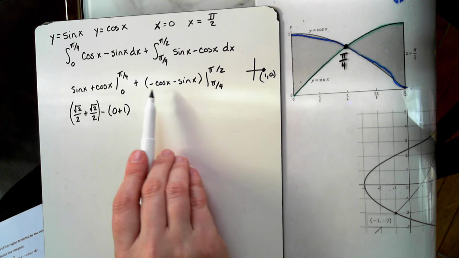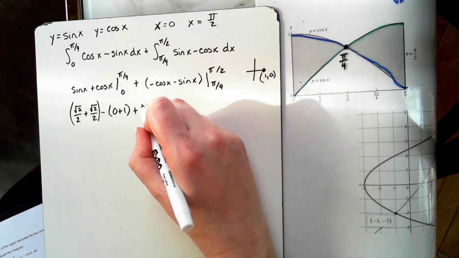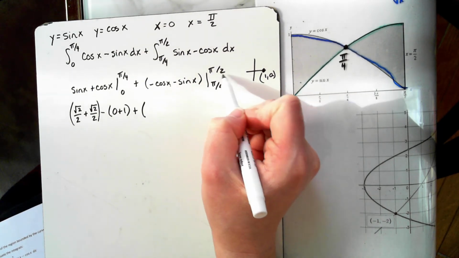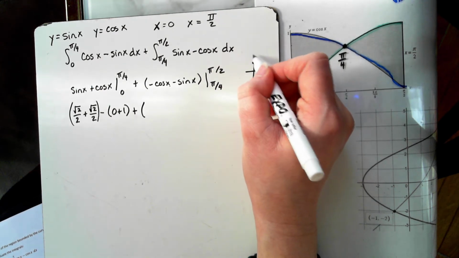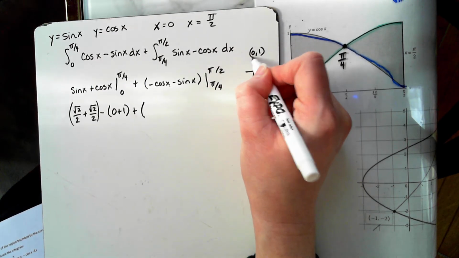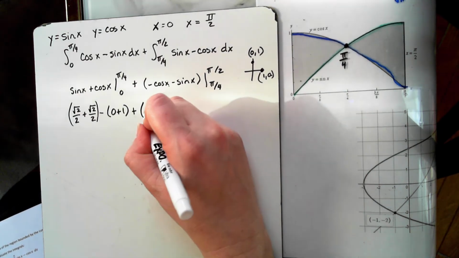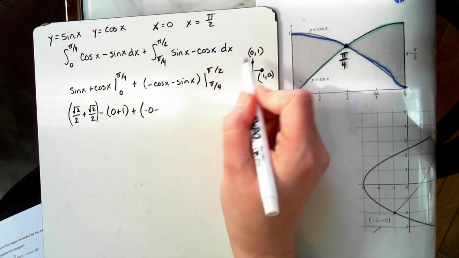Now next, I'm going to go on to this part. So it's plus, in parentheses. Now the value of cosine x at pi over 2, that's going to be up here. Okay, so this is the point 0, 1 on my unit circle. So cosine at that point is 0, so negative 0, which is basically just 0, minus the sine value at that point.